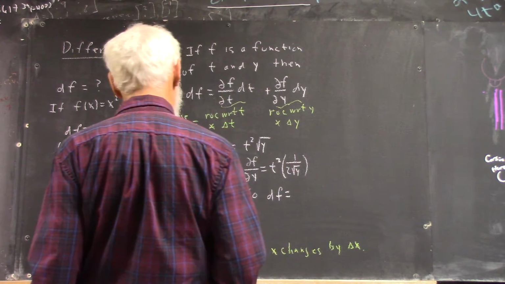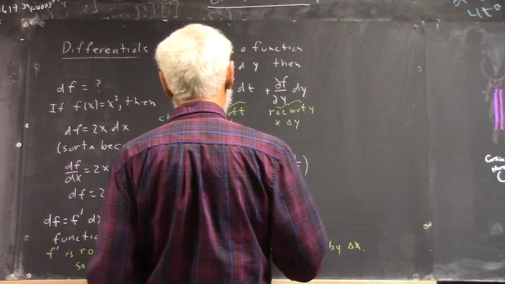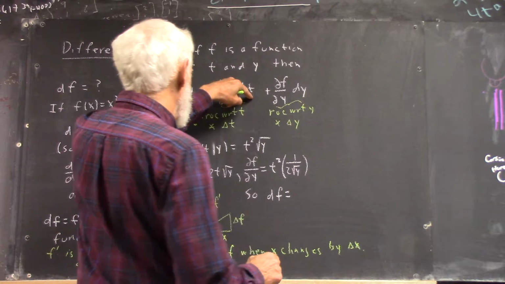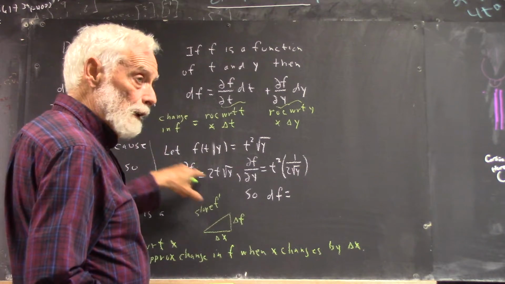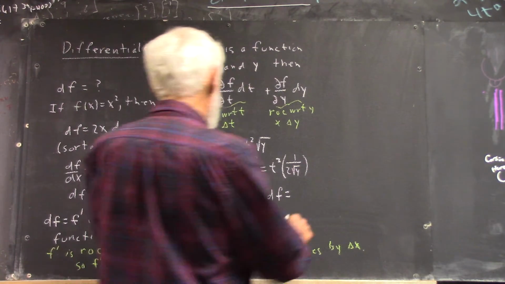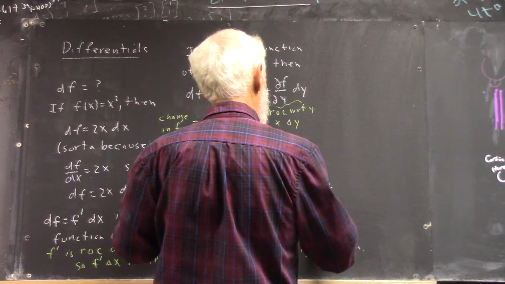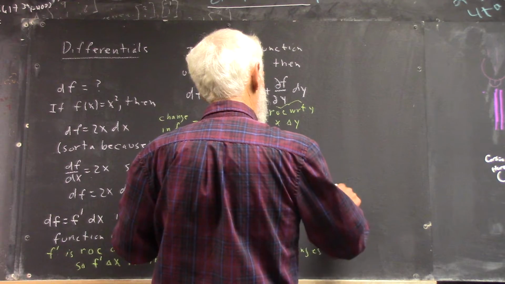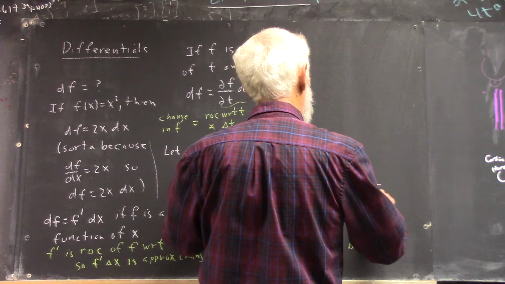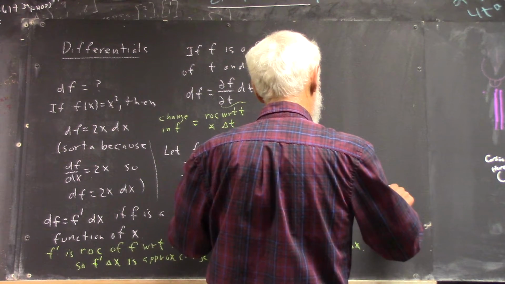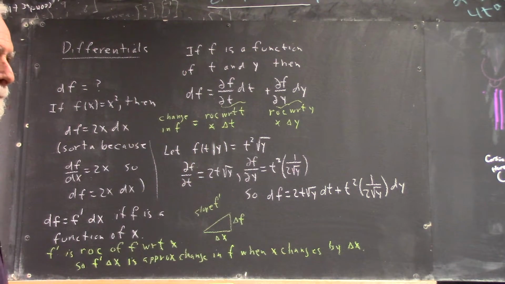So df equals partial of f with respect to t times dt. This is the rate at which f changes with respect to t, so it's going to be 2t square root of y dt plus t squared times 1 over 2 square root of y dy. Okay?